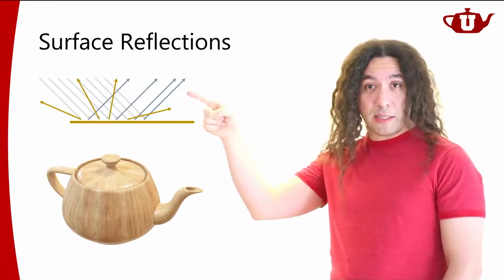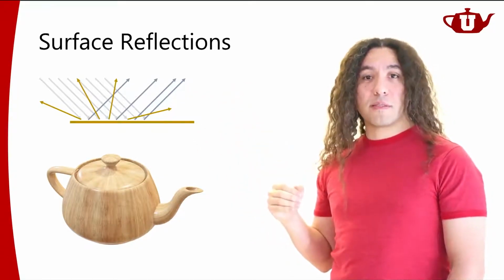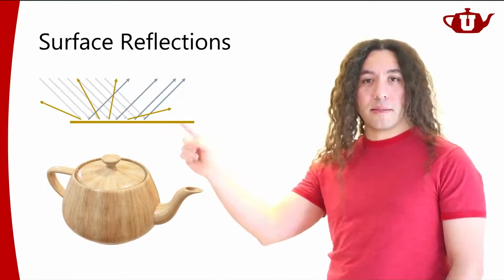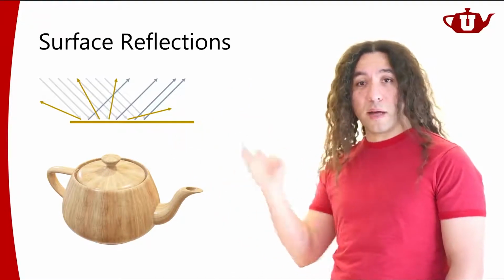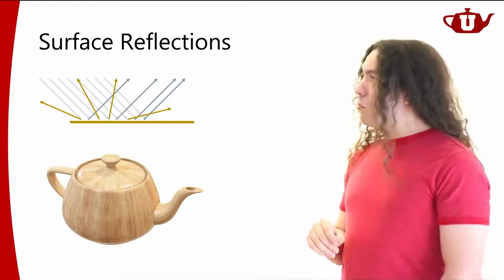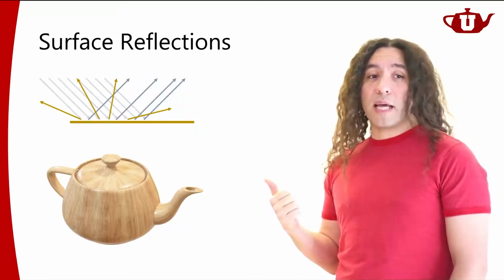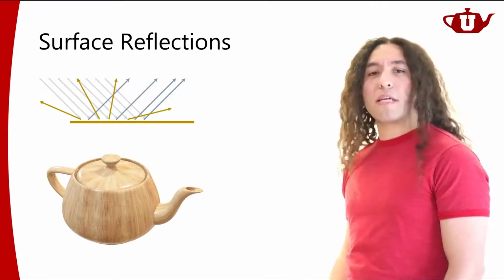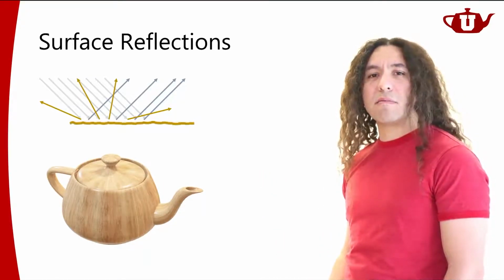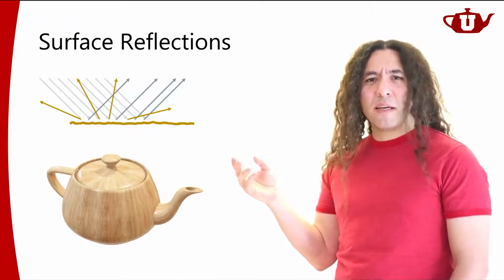As you see here, these blue ones are reflecting off of the surface specularly, and these other ones are reflecting in all sorts of different directions. So what does this mean? Well, this could mean a number of different things, actually. It could mean that maybe my surface is not as smooth. Maybe it's a little rough, maybe.